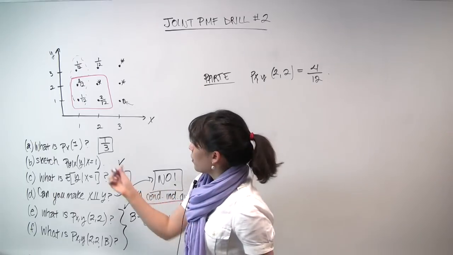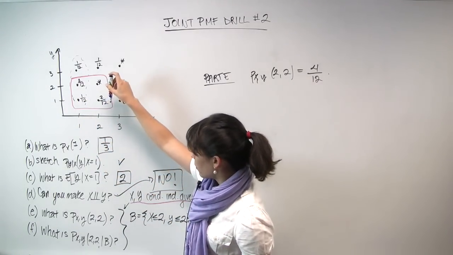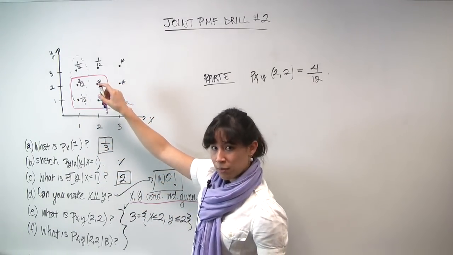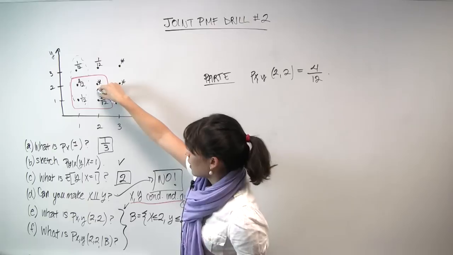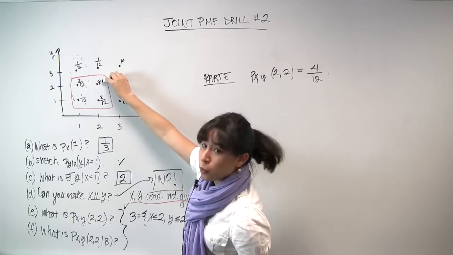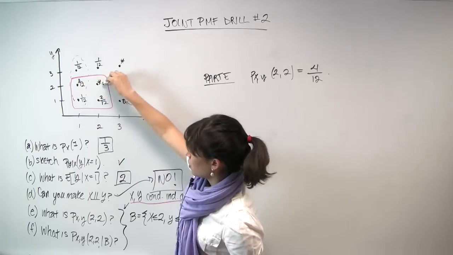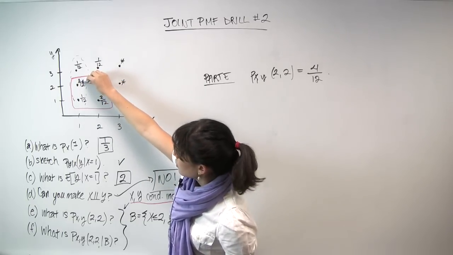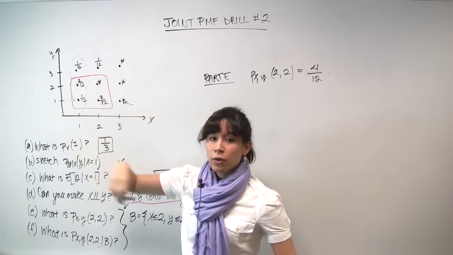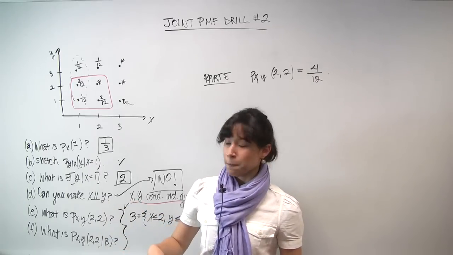And again, the way we got this is simply we need x and y to be conditionally independent given B. And if this were anything other than 4, the relative frequency of y equal to 2 to 1 would be different from over here. So here, condition on x is equal to 1. The outcome y is equal to 2 is twice as likely as y is equal to 1.